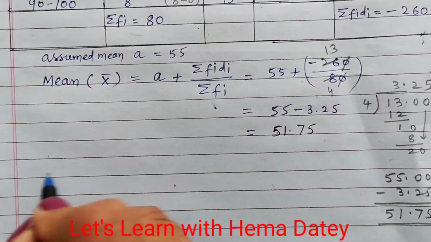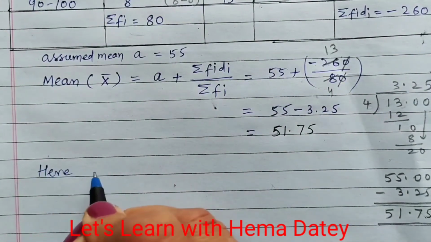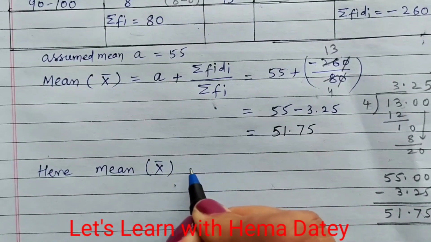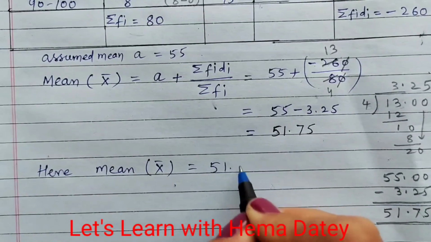So here mean x bar is equal to 51.75 marks.